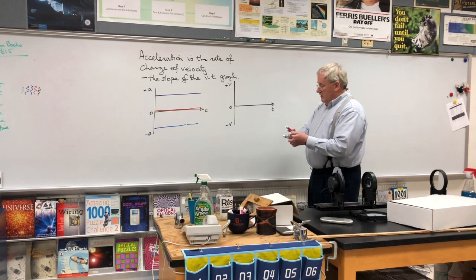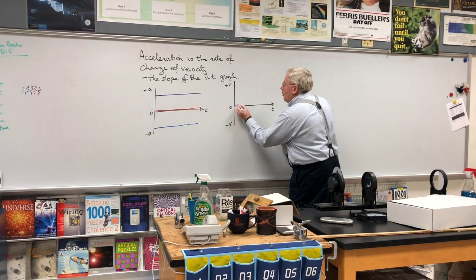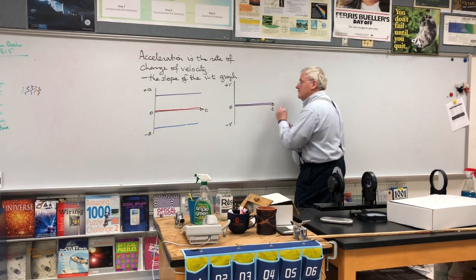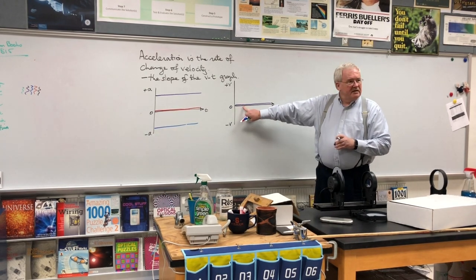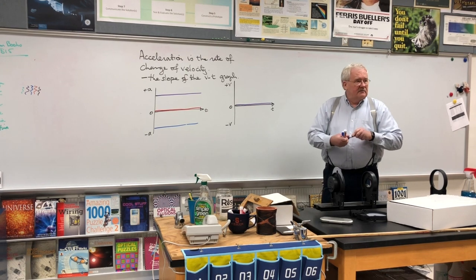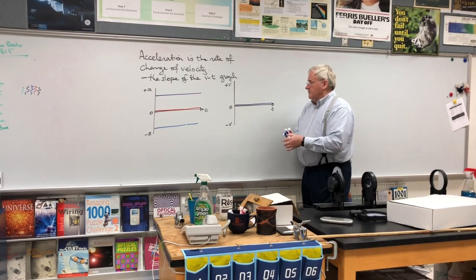It could mean the object is in fact not moving. That would be one option because the slope of this velocity time graph is zero. But there are other situations where the slope is also zero.